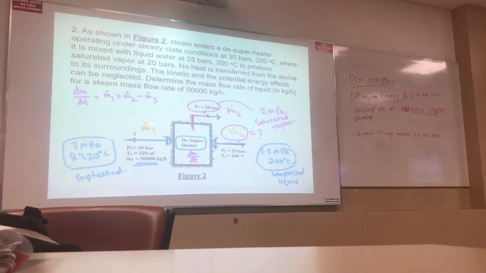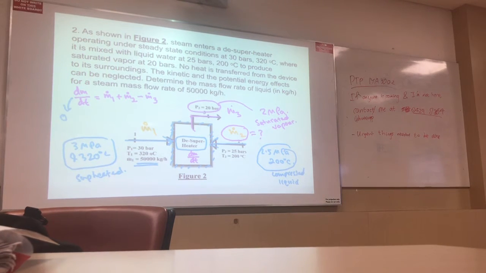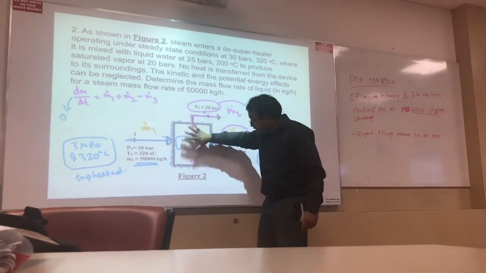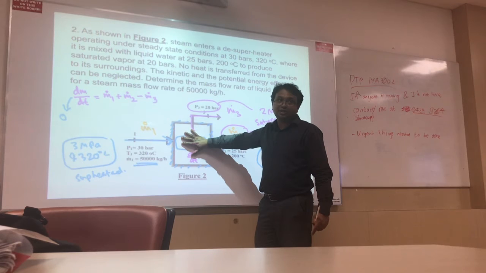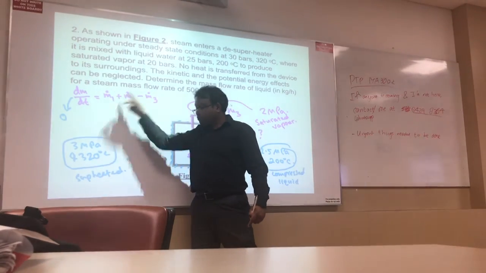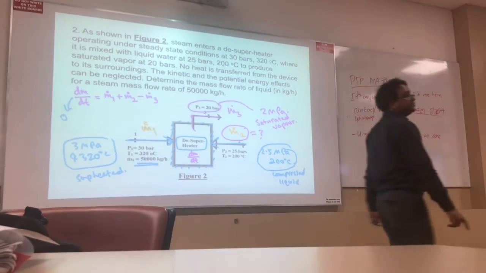For steady state, steady flow condition, dm/dt is equivalent to 0, because we assume the total amount of fluid in that system is fixed and doesn't change with time. So that's why I can write m.1 plus m.2 is equivalent to m.3.